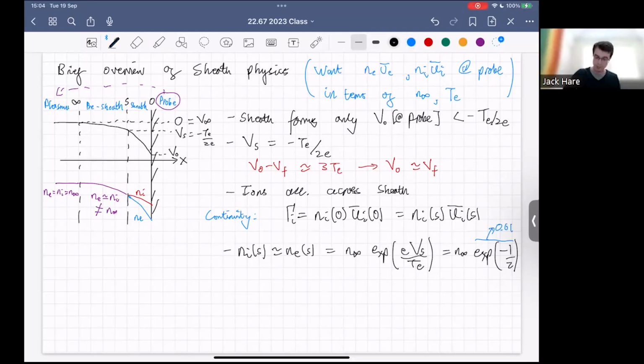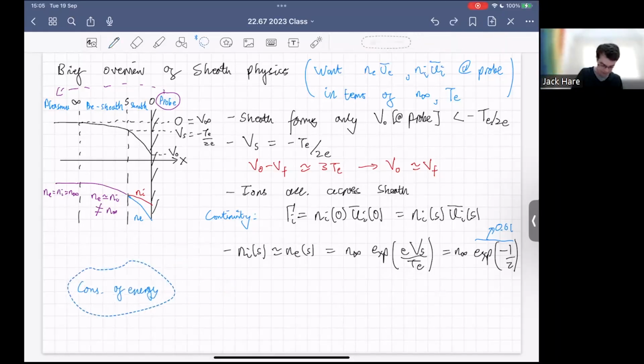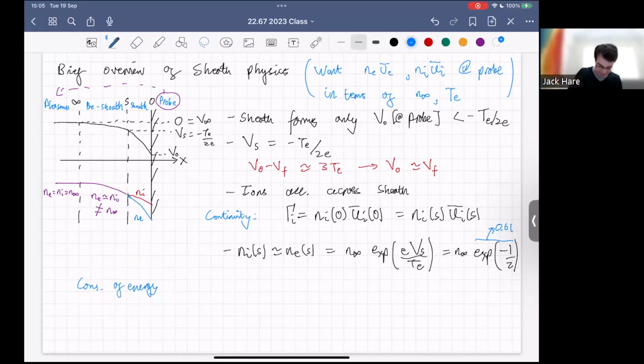I'm just going to keep pushing on with this, and then I'll take questions, because some of them may become clear. The next thing we're going to do is conservation of energy. We're going to assume that our ions start off with a velocity of 0. So I say that my ion velocity at infinity is equal to 0.